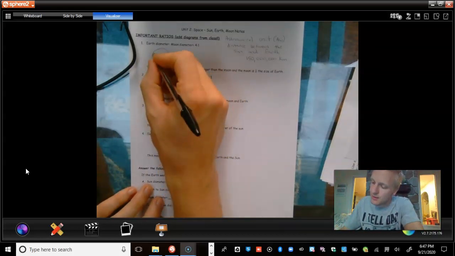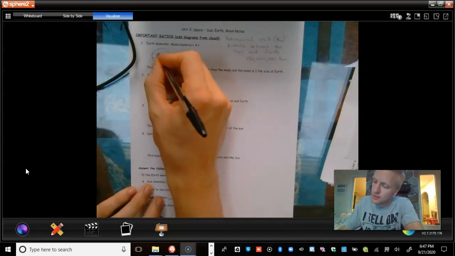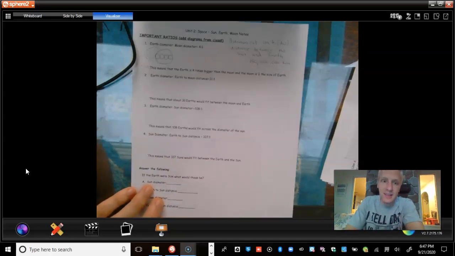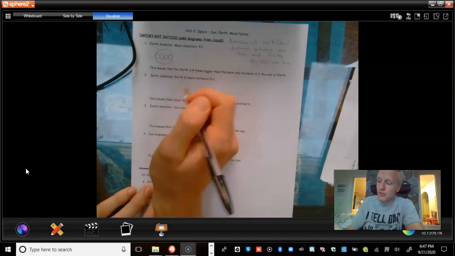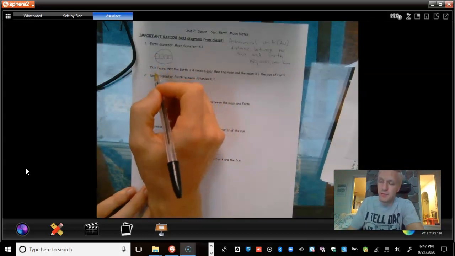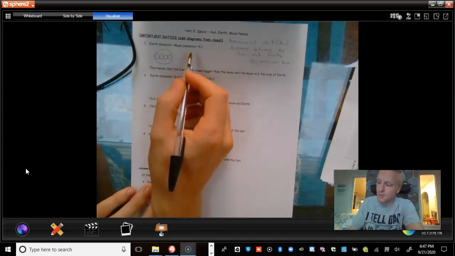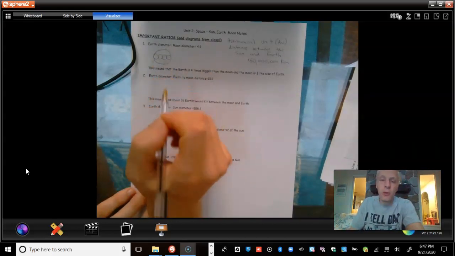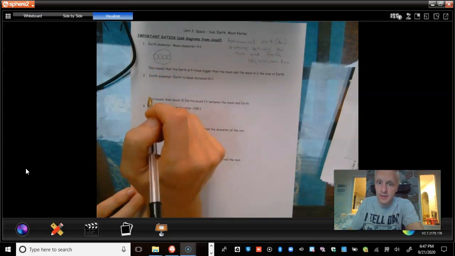There's the Earth. 1, 2, 3, 4. So that's about the size of our moon, one of those circles, based off of what we know of it and the 4:1 ratio. 1 Earth is equivalent to 4 moons in terms of diameter distance.